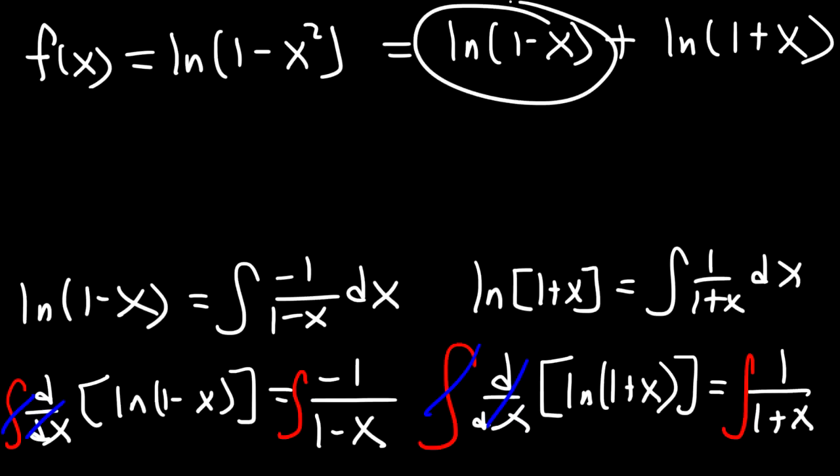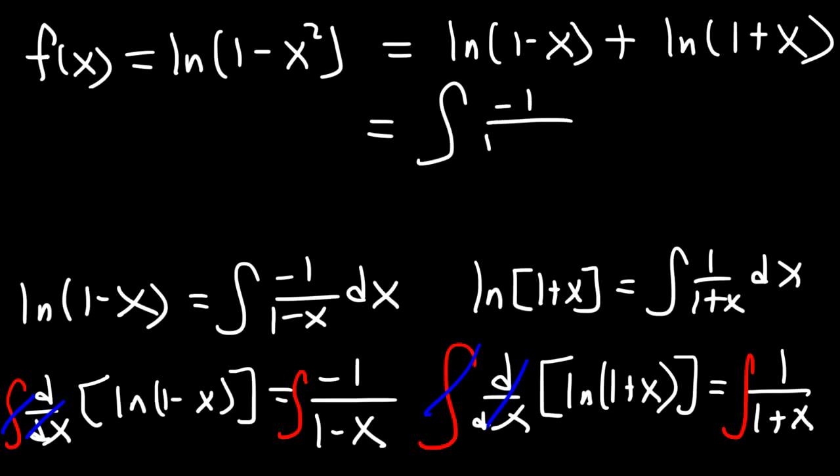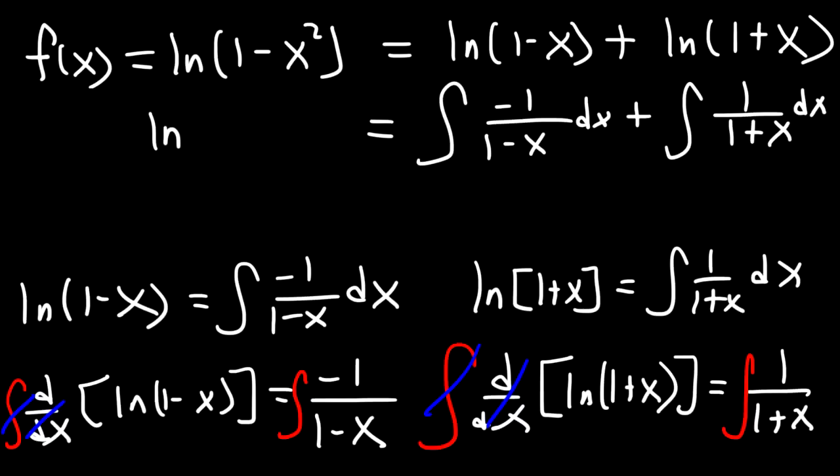So let's replace this with what we have here. And let's replace ln(1 plus x) with this expression. And so this is all going to equal ln(1 minus x squared).